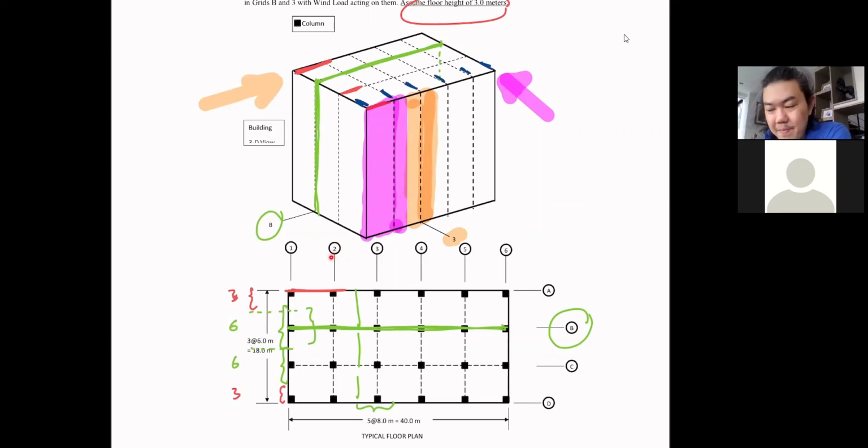So I have one frame, and let's say I know that it's not going to affect the size of the structure that much, I may use the same size for frame number 1 and 6. So that means I don't need to calculate the force acting on frame number 1 and 6, assuming that I will use the same frame as number 2.